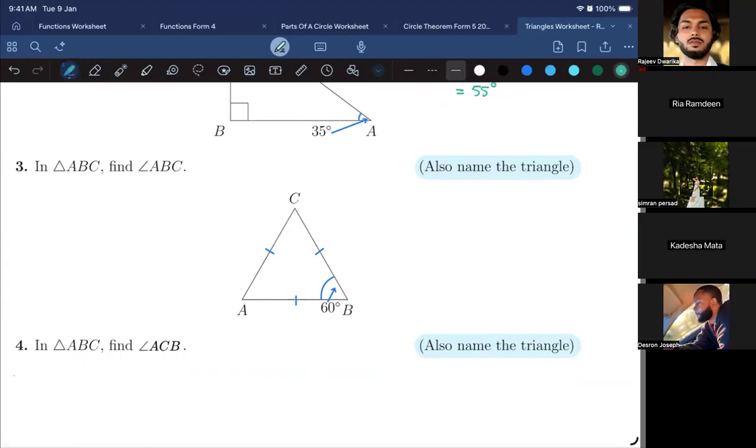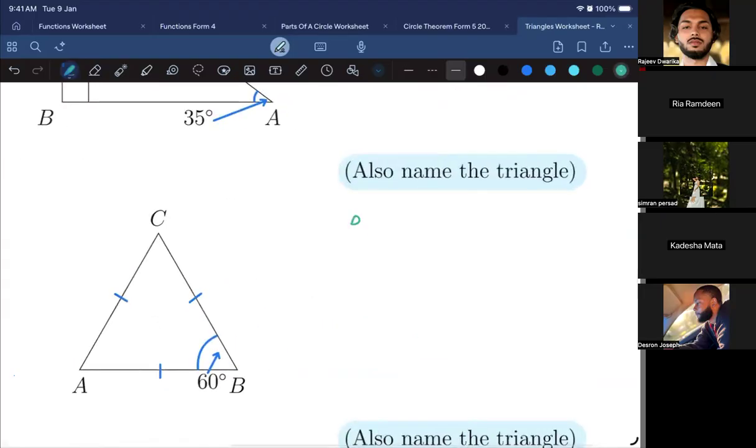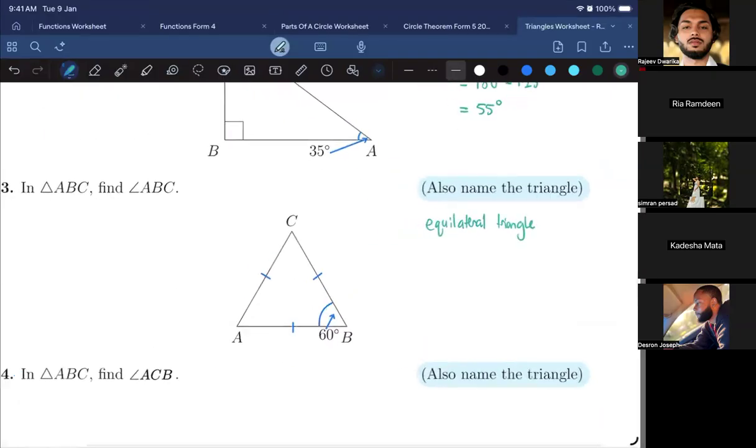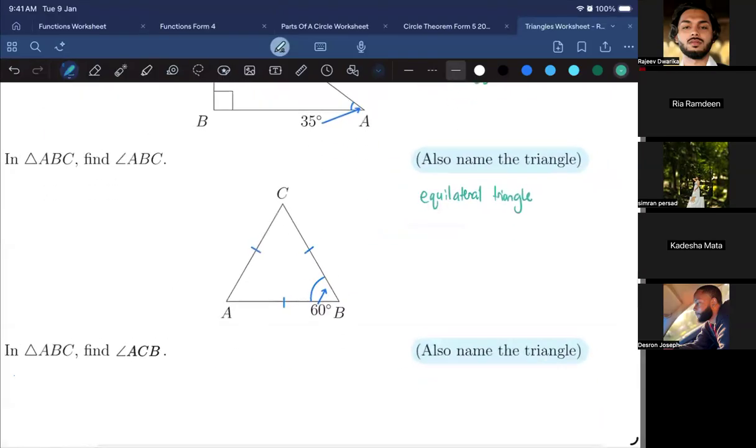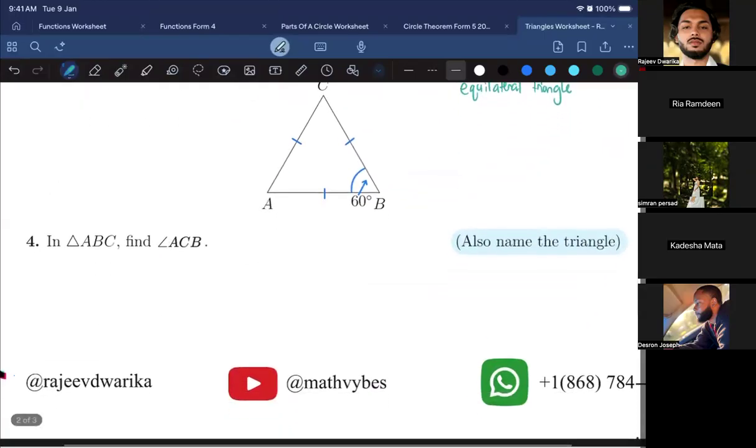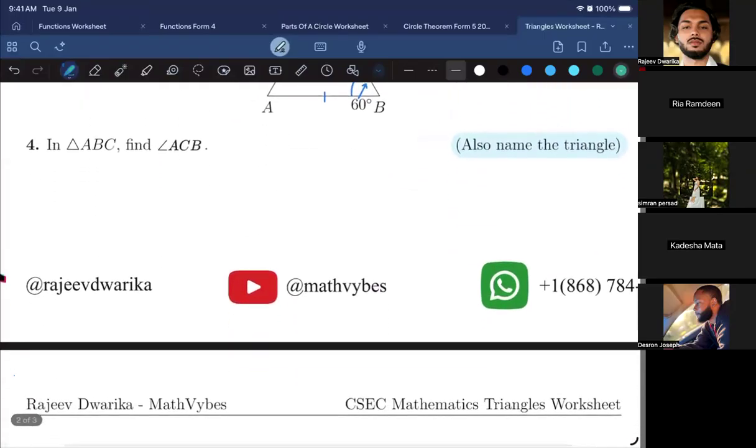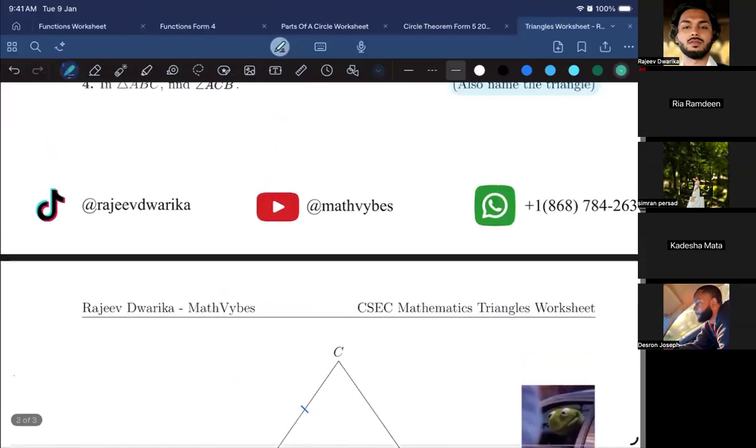It is an equilateral triangle. Right. Equilateral. All right. Question 4. In triangle ABC, find ACB.